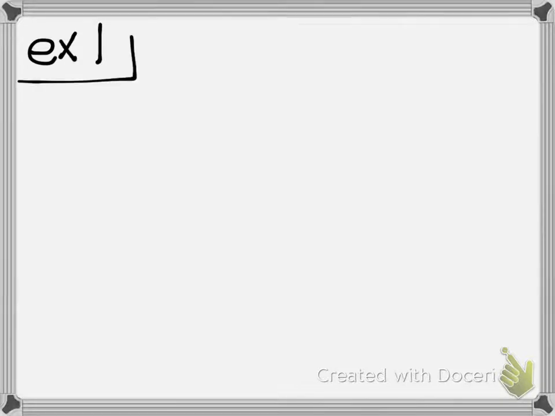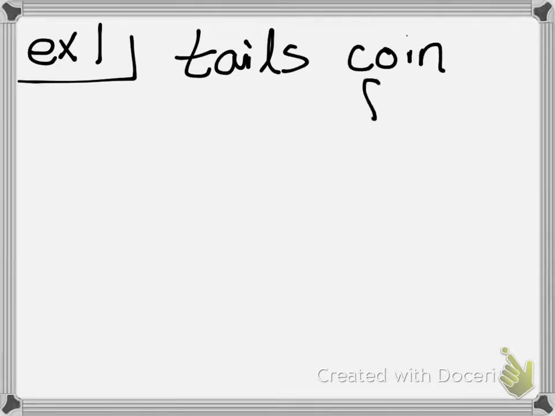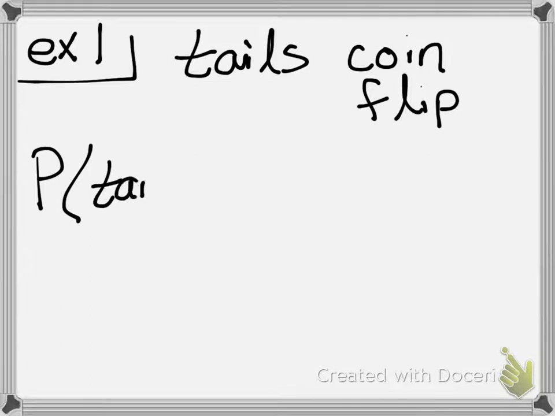So example 1, what's the probability of getting tails when you flip a coin? So now looking at notation, we can do probability of tails here. Instead of A, we wrote the word. That's our event.